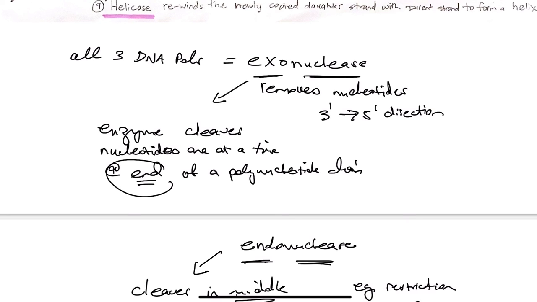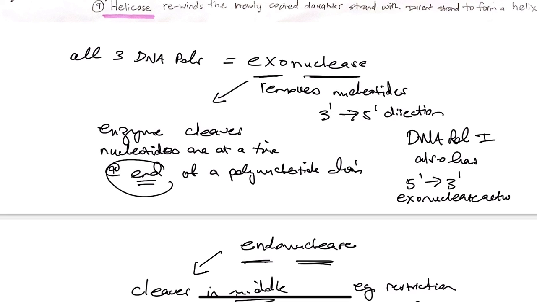But there's something here we also have to add, and that is that DNA pol 1 also has 5' to 3' exonuclease activity. So that means it can remove nucleotides in both directions. Pol 1 can do it in the 3' to 5' direction and in the 5' to 3' direction.